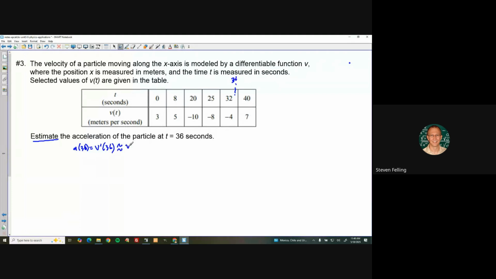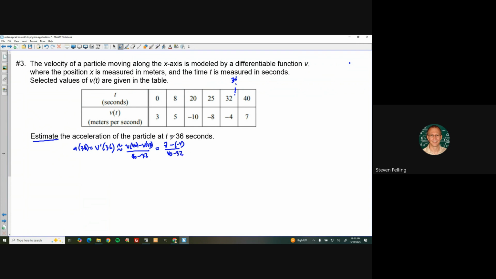So I'm going to say it's the velocity at 40 minus the velocity at 32, divided by... oops, wait, I have the wrong things here. This is the velocity at 40 minus the velocity at 32, over 40 minus 32. Now, I have to actually plug numbers in here. So the velocity at 40 is 7, minus the velocity at 32, which is -4. And then this is 40 minus 32.